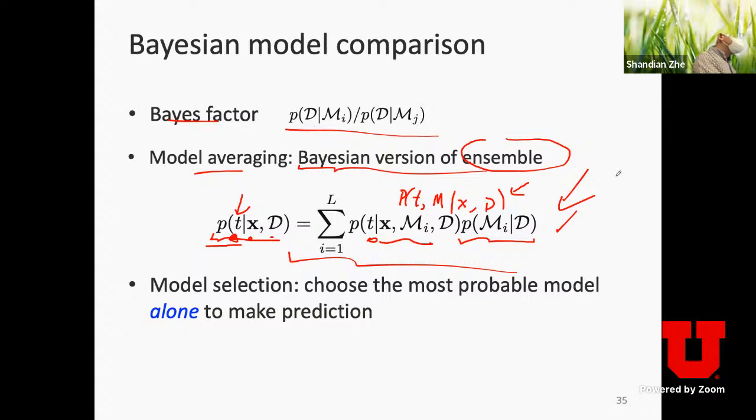So we have a prior on the model, and also a prior on the model selection.